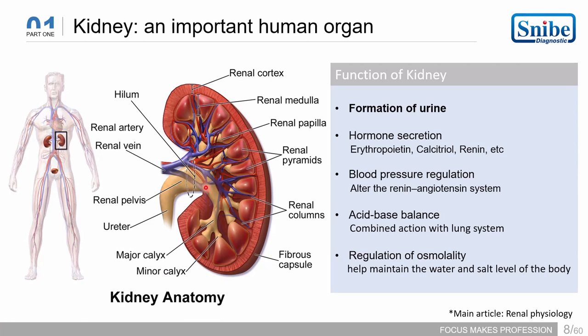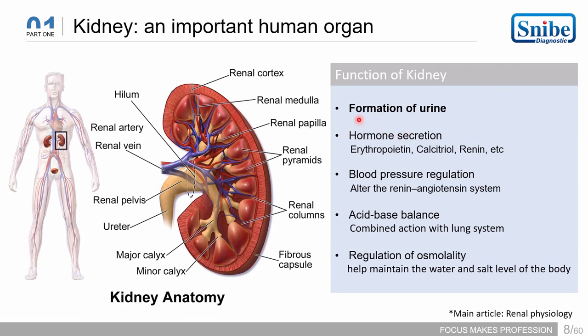This is the overall kidney anatomy, and the major function, as you know, is the formation of urine to filter nitrogenous waste materials from the blood so they can be excreted from the body through the urine.